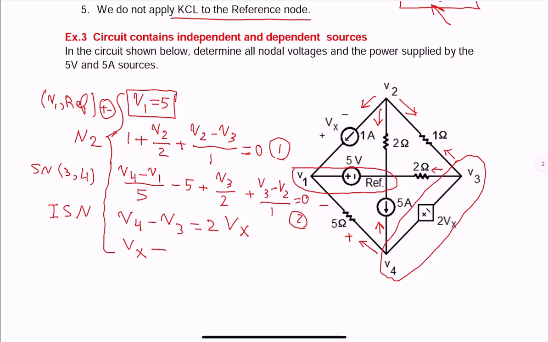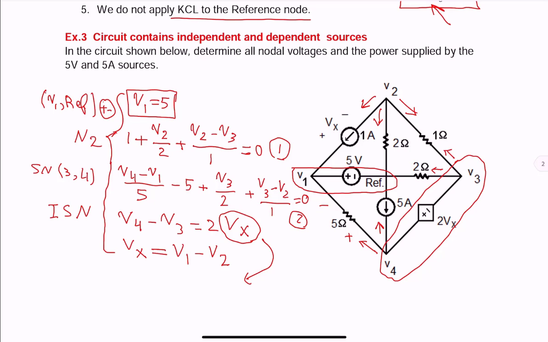It is across the 1 amp source on the top, positive is on V1, negative on V2, so V1 minus V2. The only place that Vx shows up is here. So let us substitute Vx in that equation and simplify a little bit.